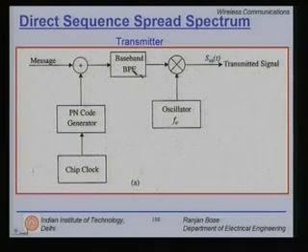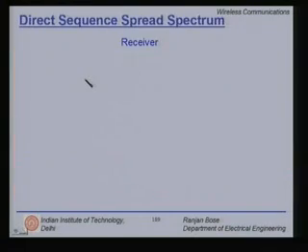Combine them together, pass it through a baseband oscillator. This should be a product. So, message is multiplied with the PN code, pass it through a band pass filter, put it through an oscillator and send out your transmitted signal. This is the block diagram.